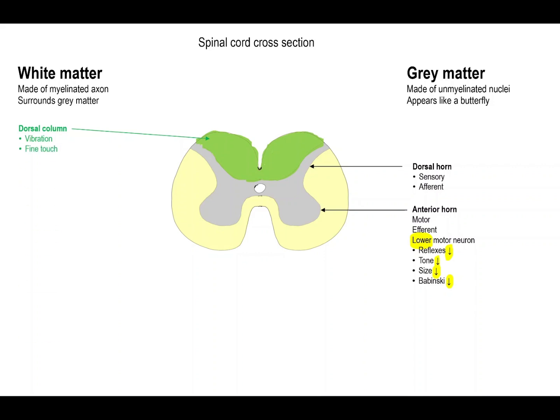Fine touch means if you close your eyes and somebody touches your palm with a pin, with a sharp object and a dull object, you should be able to tell the difference. That's fine touch. Sometimes it's called discriminatory touch because you discriminate between or tell the difference between sharp and dull touch. And that fine touch is the function of dorsal column.